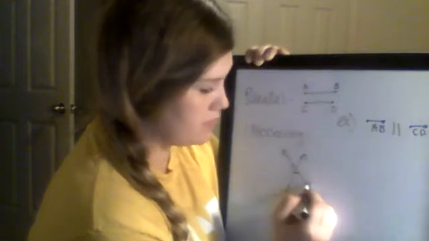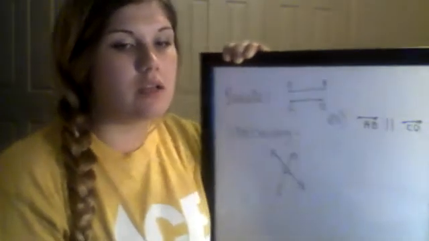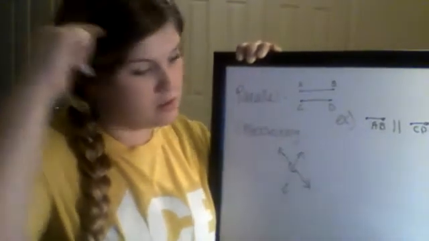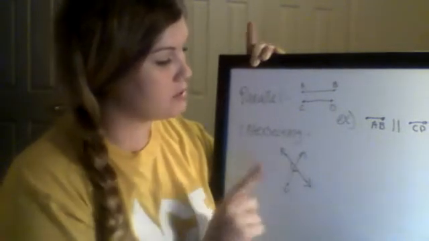So we've got some points here. An intersecting line is where two lines cross points.